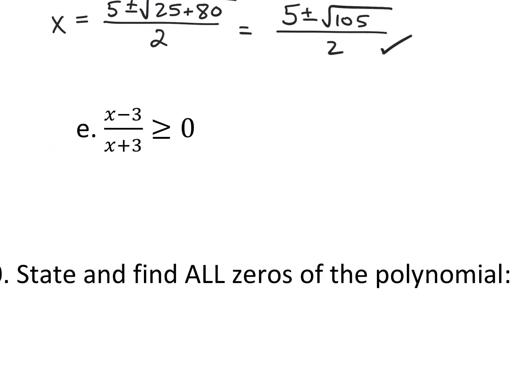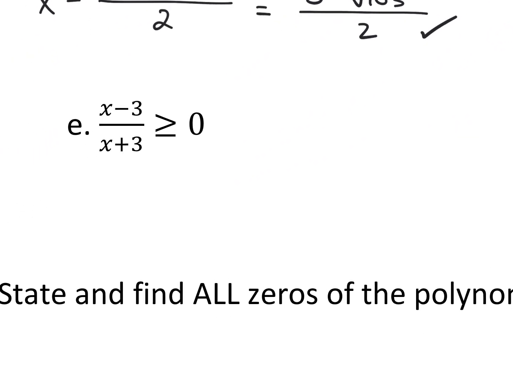All right, so the next problem, again, we have an inequality. This is a rational inequality. So I'm going to set up my endpoints here. That's going to be a little bit more complicated. I need to take into account 2 things, my zeros and my asymptotes. So -3 would make the denominator 0. I need to exclude that endpoint because that would be an undefined value.